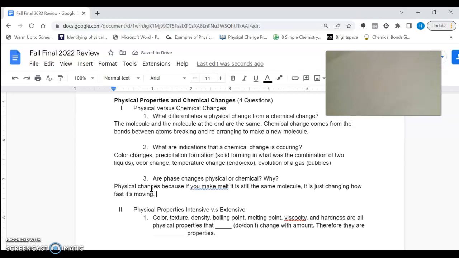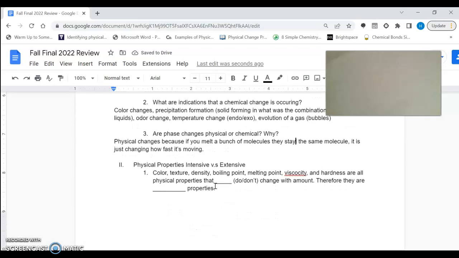It's literally just how much it's bouncing around, right? So if you melt a material or a bunch of molecules, they stay the same. It's just changing how fast it moves. Cool. So phase changes are physical changes.